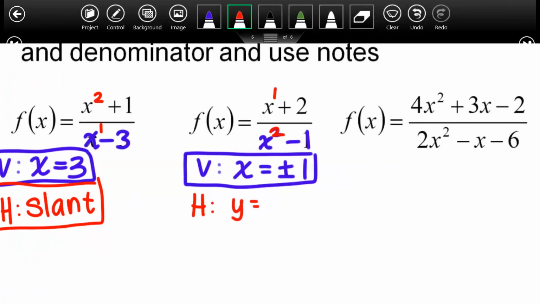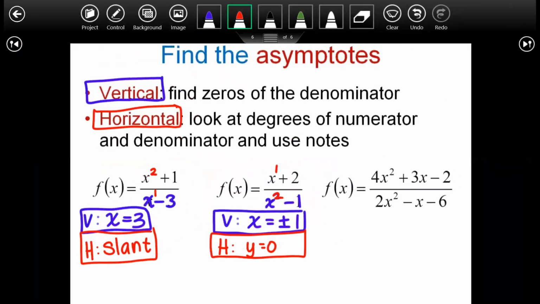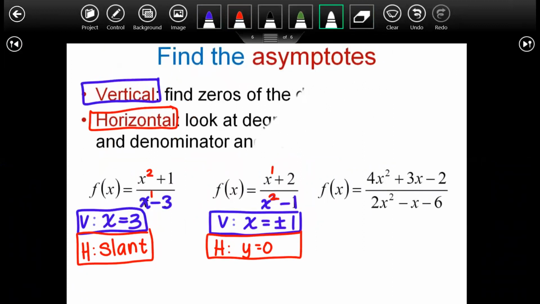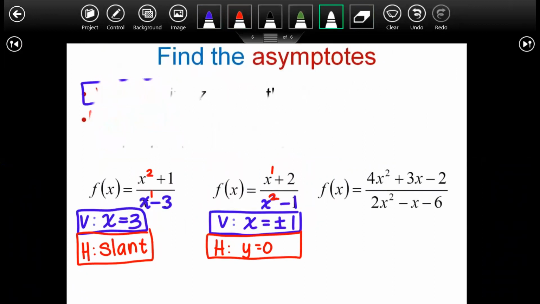Y equals 0. No real work that you have to do with these first 2 cases. This means we're going to have a horizontal line at y equals 0. We have both of our asymptotes, so we have a rough estimate of what this is going to look like for us.